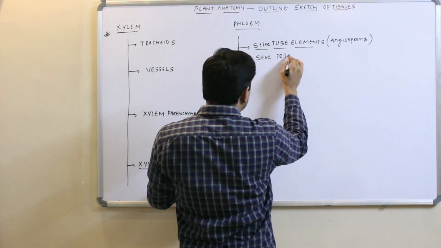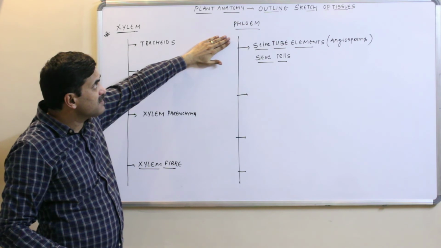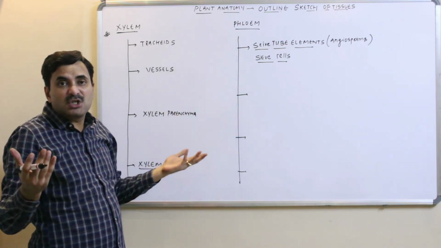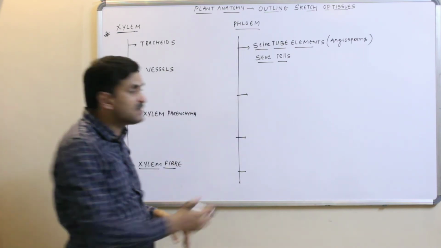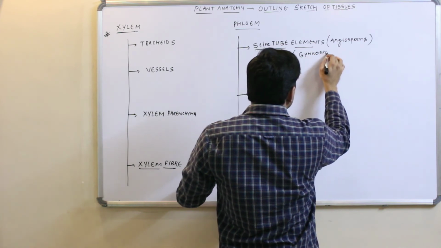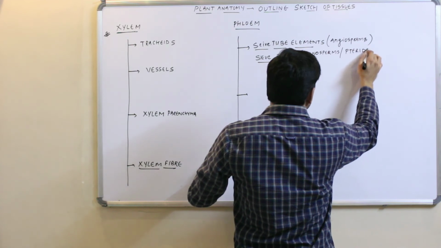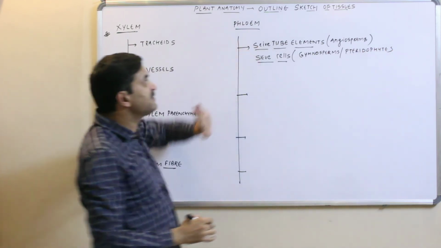The problem with students is that whenever we talk about the phloem, they always say sieve tube. But in gymnosperms and pteridophytes, instead of sieve tube elements, they have sieve cells.